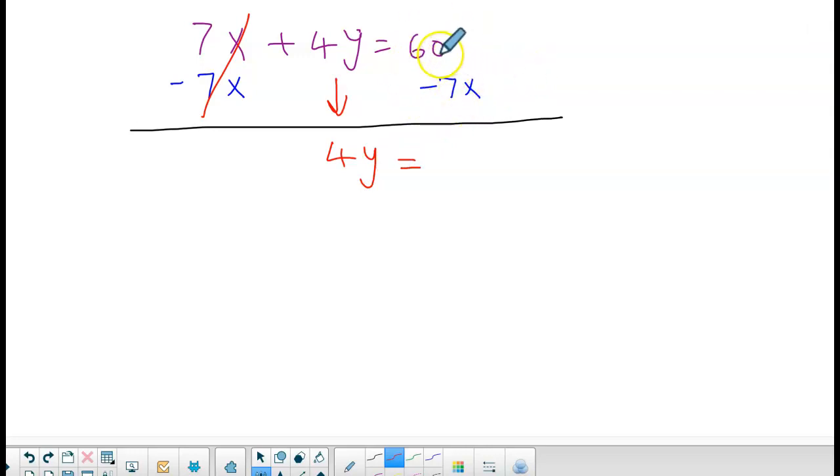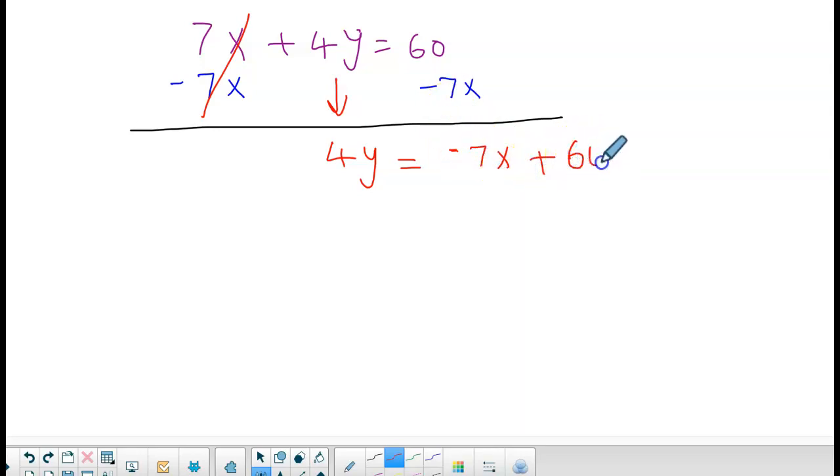Remember, 60 is a constant number. It is a numerical value. And 7 times x is a term that has a variable x. So you cannot combine those two. You cannot subtract 7 from 60, but you can just put them together on the right hand side, like minus 7x plus 60.